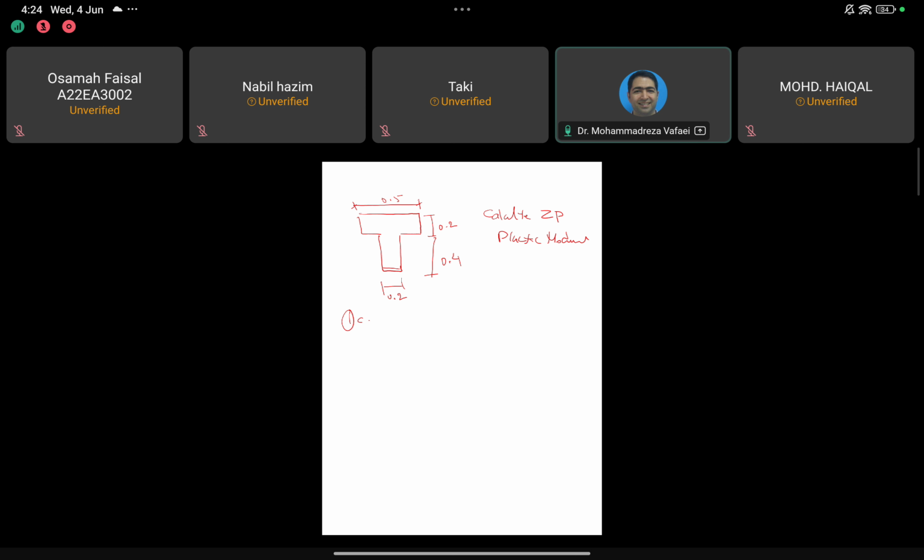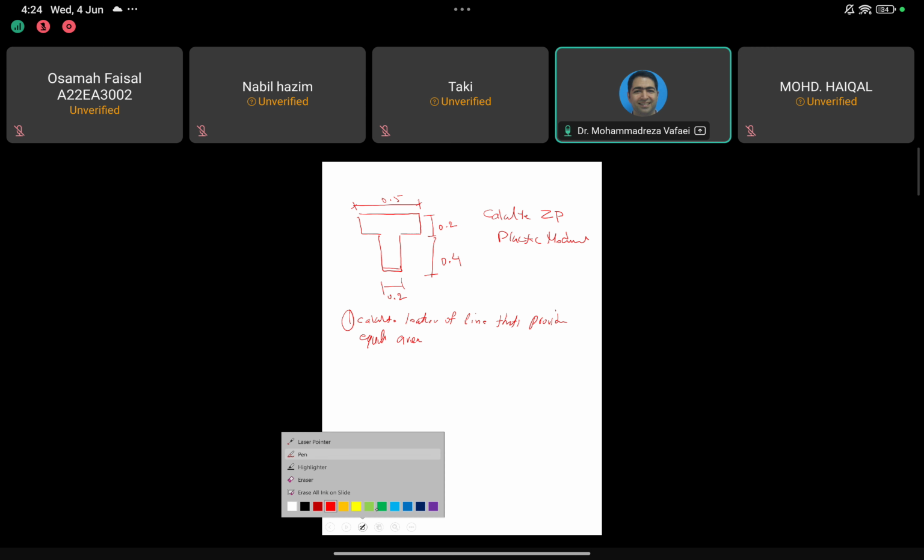Okay, so the first step that you need to do is to calculate the location of the line that provides equal area. You can assume it to be any place.